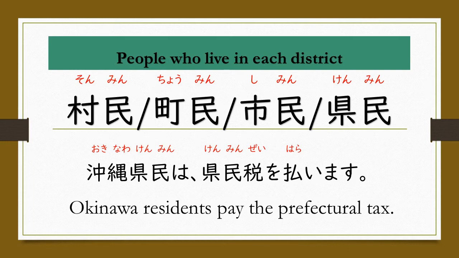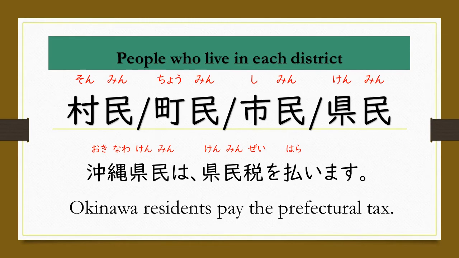People who live in each district, we call group of people according to where they live. For example, you live in a village, sonmin. Live in a town, chomin. Live in the city, shimin. Live in the prefecture, kenmin.